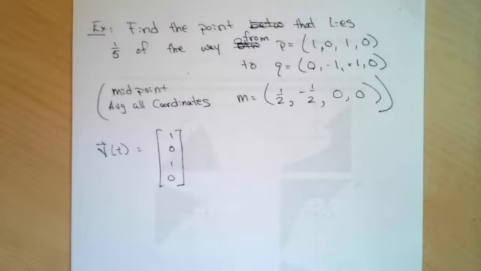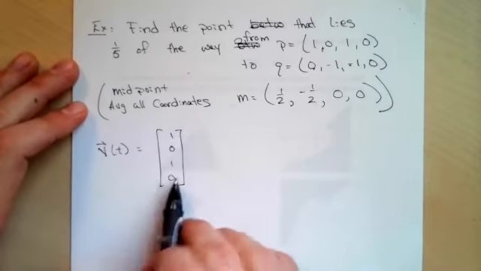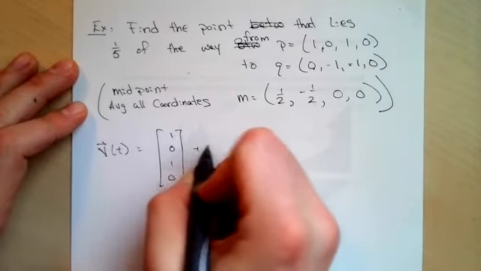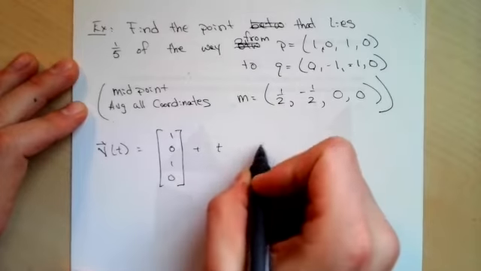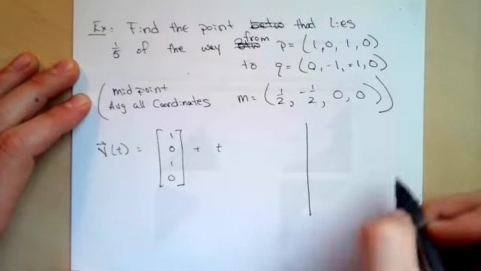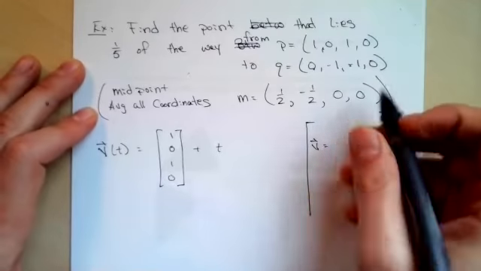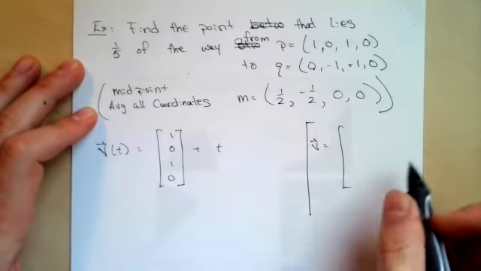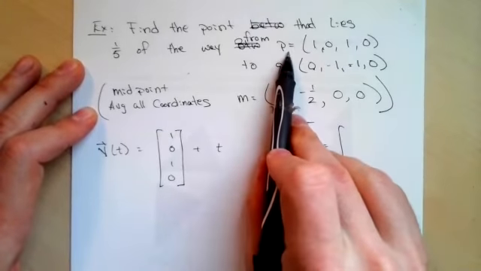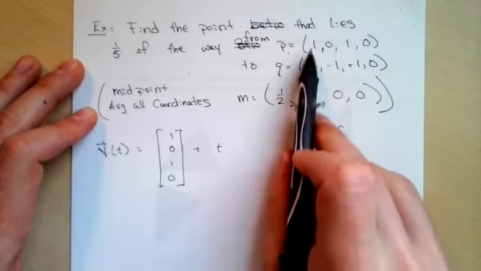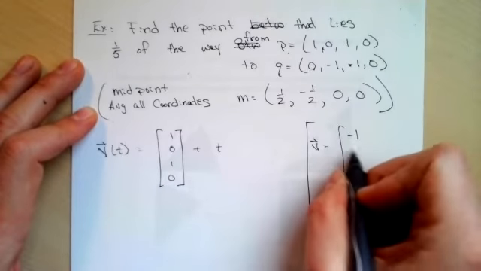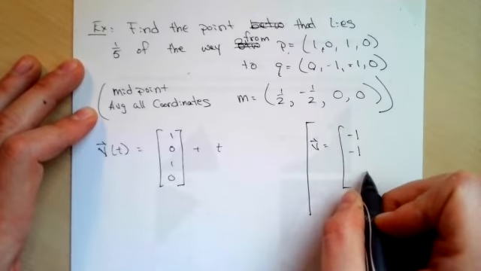Yeah, it looks like someone was asking about that in chat just now. So we'll start at P, and then how do we walk towards Q? We need to find our directional vector. So let's just do a little scratch work on the side here, since these aren't terribly hard to compute. We want to do ending minus the start. So Q minus P. So we'll have a -1, a -1.